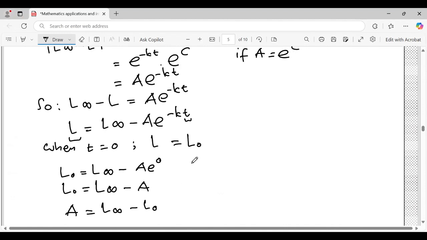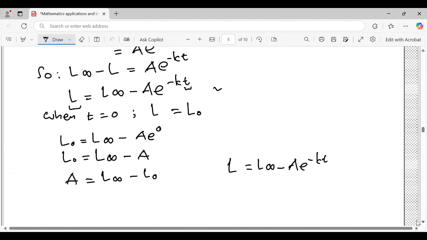Recall that L equals L infinity minus a times e to the power of minus kt. This is L as a function of t.